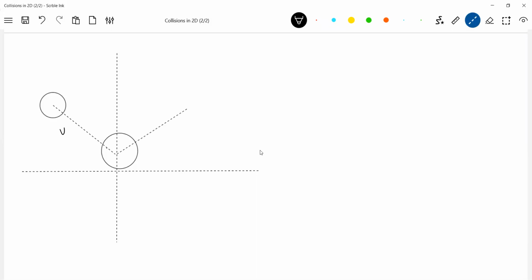A rough diagram I'm showing. After impact, it will rebound. So let the initial velocity of approach be u. It will rebound with a speed v. Let the angle of incidence be theta.